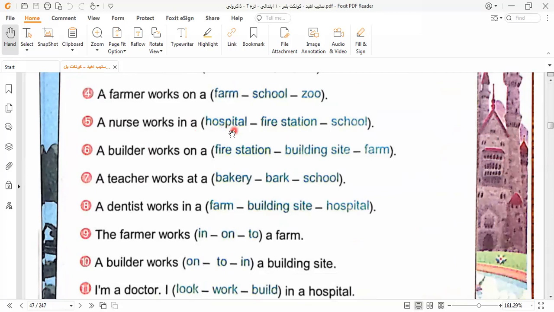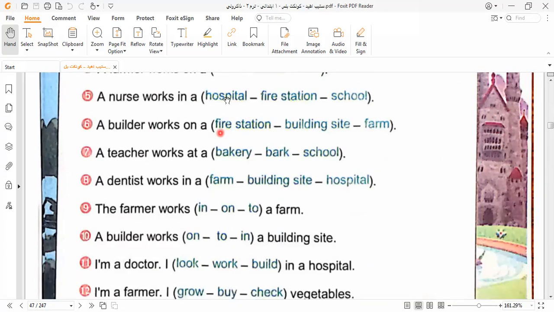So it works in a hospital. You can't work in a school. A builder works on what? On a building site. The builder and the engineer both work on a building site. The builder is the assistant of the engineer, and the nurse is the assistant of the doctor. Okay, we must know this.